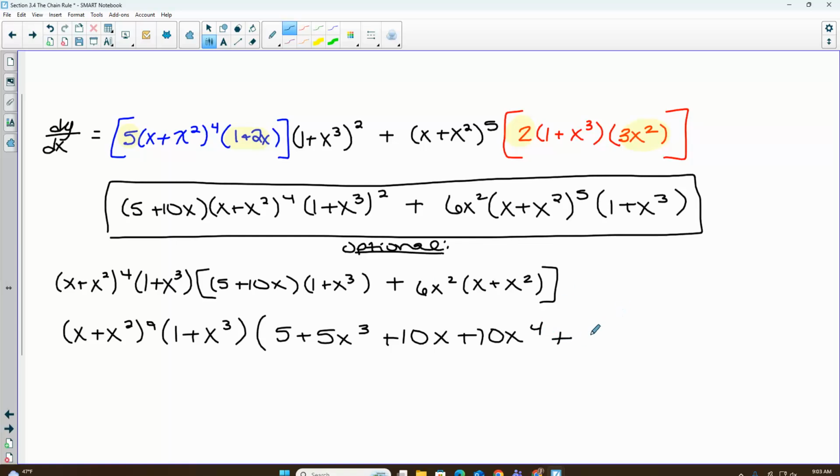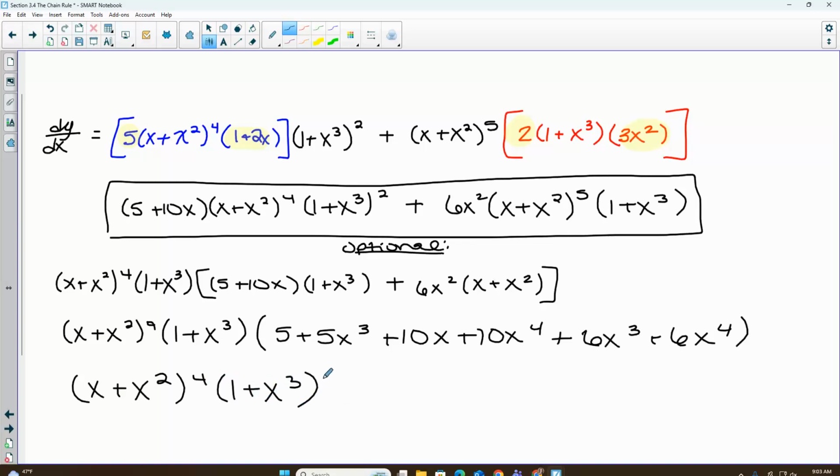This one, if I distribute, I get 6x cubed plus 6x to the 4. So then, combining all my like terms, I have 16x to the 4, 11x cubed, 10x, and 5.